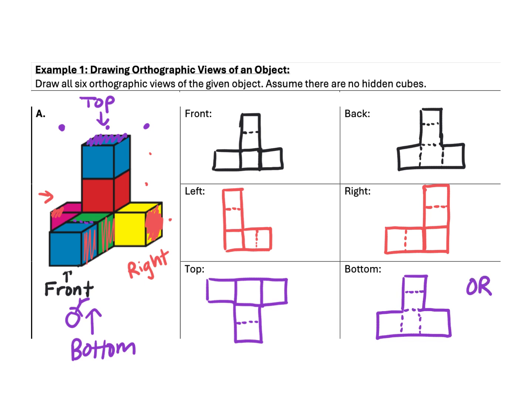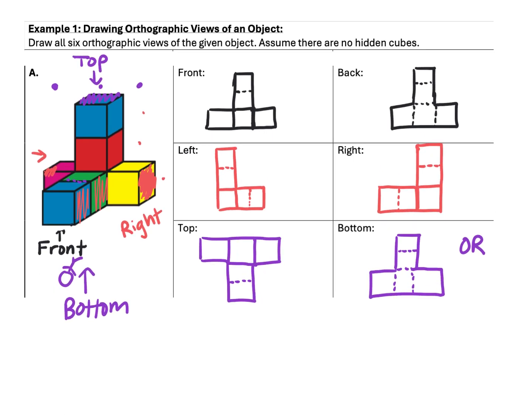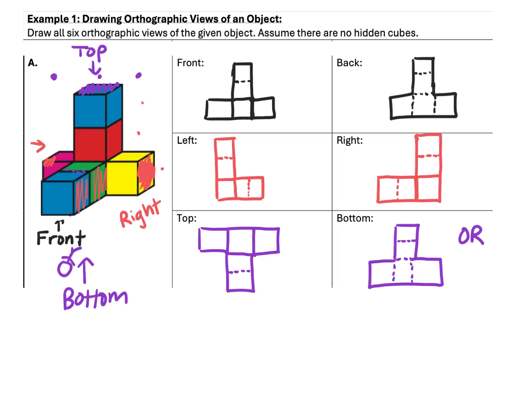Sometimes the bottom won't be flipped, so it just depends on how you interpret the drawing. So it would also be fine if you kept it the same direction. You'll notice on some of the problems where the orthographic figure is already drawn for you, sometimes they flip the bottom, sometimes they don't. It all just depends on how you interpret it.